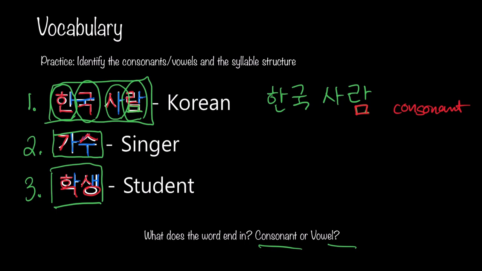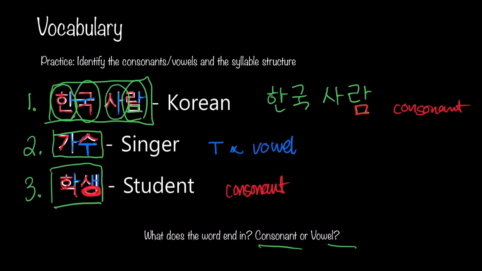The last letter here is this 우, right? This sound. This is a vowel. So the last letter in this word is going to be a vowel. What about this? 학생. The last syllable is right there, and that's a consonant.